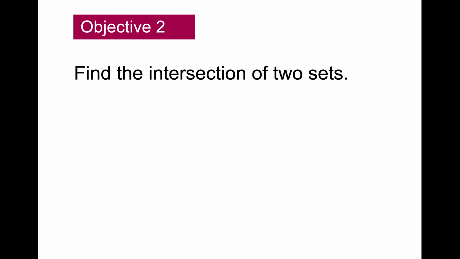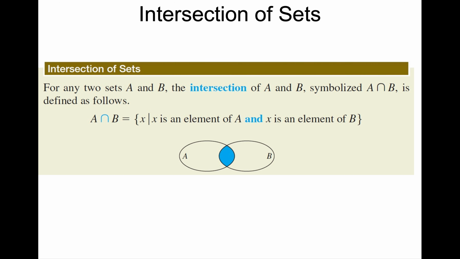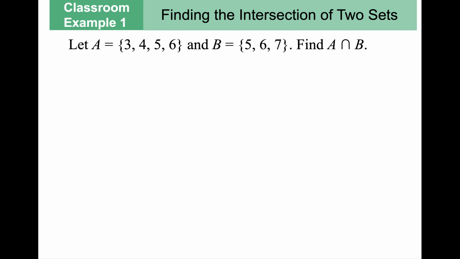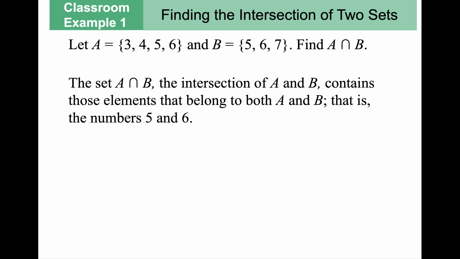So now we're going to look at finding the intersection of two sets. For any two sets, if I'm given a Venn diagram, the intersection visually is the area where they overlap, which is basically showing what we did earlier: the numbers that are in A and also the numbers that are in B. If I'm given this, I want to find the intersection of A and B, so I'm looking for elements that are in both.